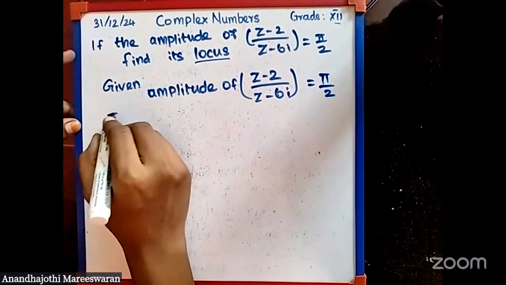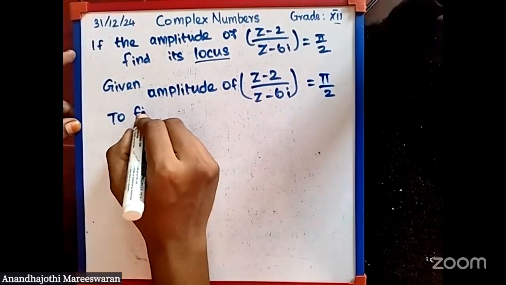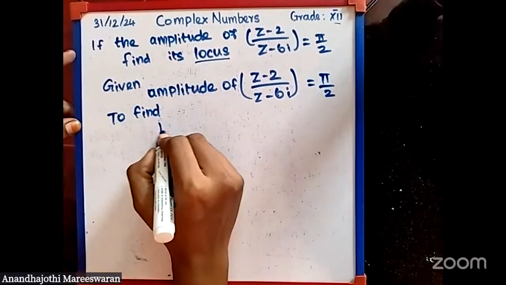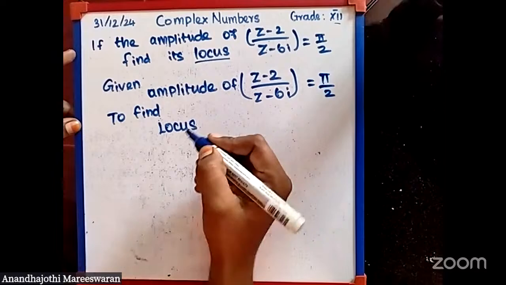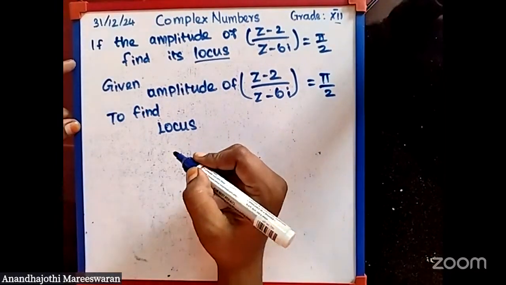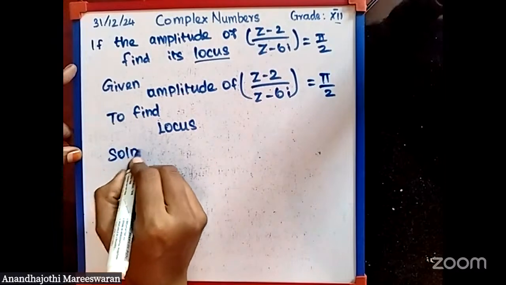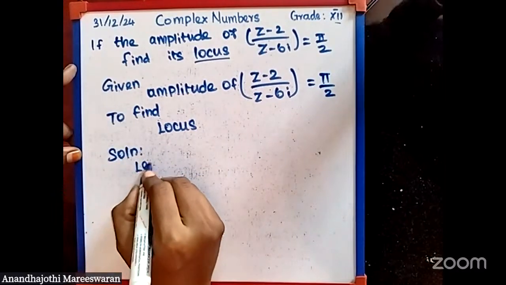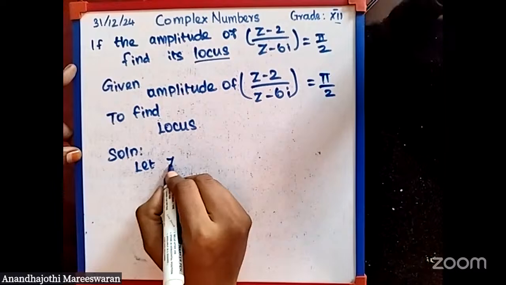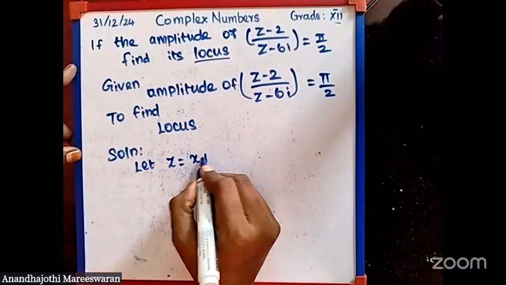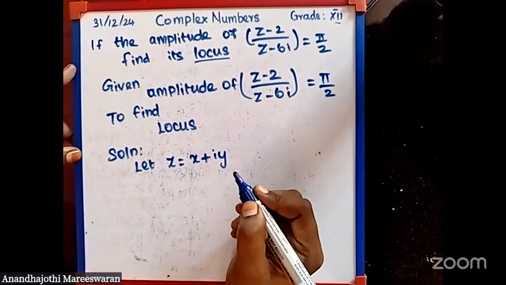What are we going to find here? We are going to find the locus. Clear? Shall we start the solution? Yes. Solution. For that we are going to take let z equals x plus iy.